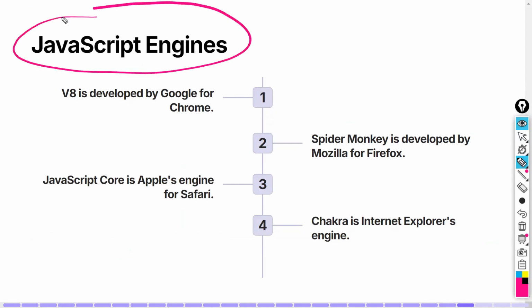Okay, JavaScript engine. So what is a JavaScript engine? If we talk about Google Chrome, it uses V8. V8 engine is developed by Google.